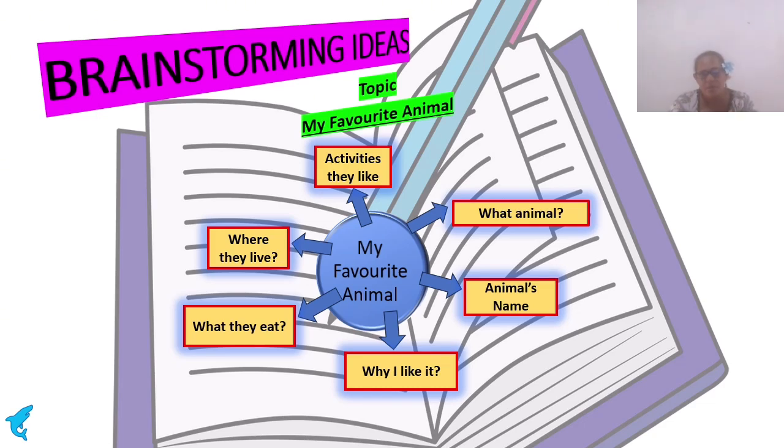And the last part is activities they like. They love jumping high, they love meeting people, and they love showing tricks to people. These are some of the points you can use to share your ideas before writing a paragraph.